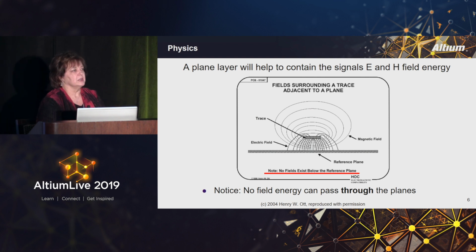Because this is an outer layer. On an inner layer, you can control it even more because you've got a plane on either side more than likely. And so that contains all that energy into a very small area, and it can't crosstalk and EMI and have all the other problems. So the critical thing about that is remembering that your energy will not go through a plane, period.